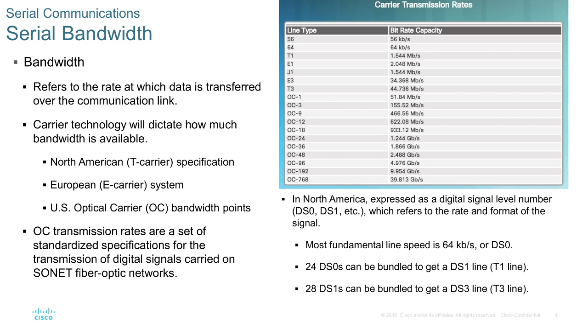But the main thing to understand here is, depending on the different carrier technologies, different things may be available in different places, like North American and European, and the optical bandwidths may have different standards, and based on these different standards, they may support different speeds, different bandwidths of communications through those links.